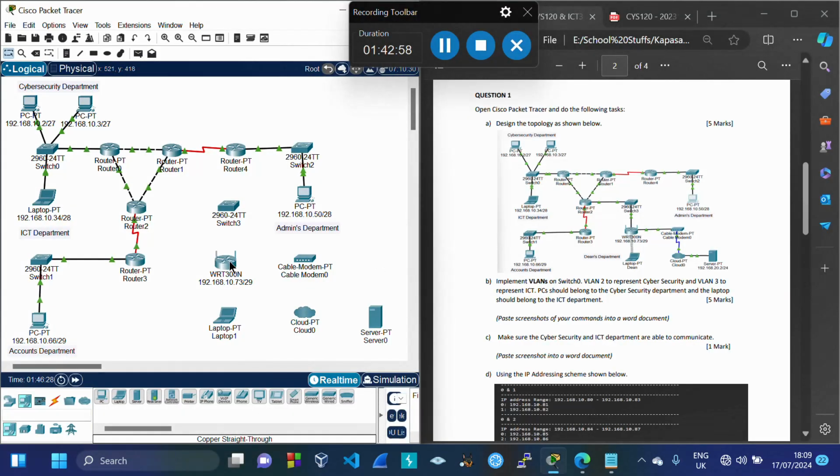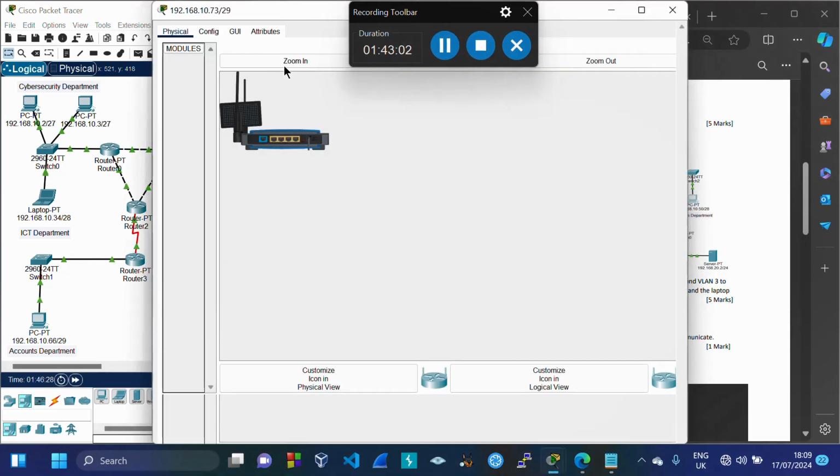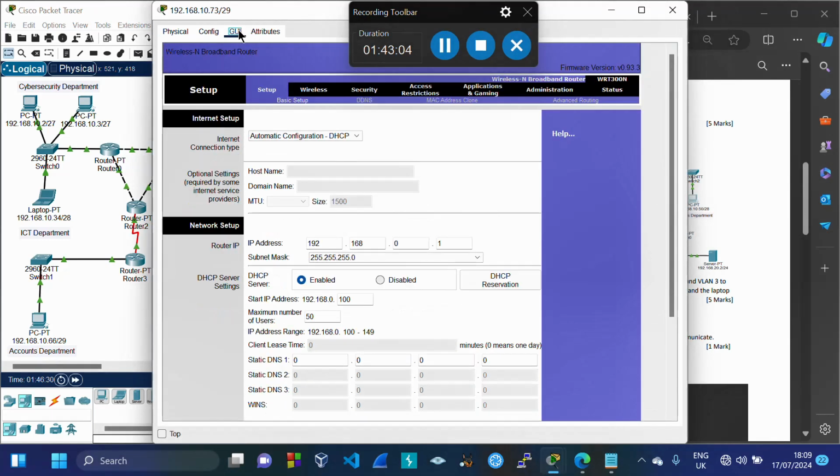So I'll click on this wireless router. Then after doing that, we'll go under the graphical user interface, GUI. Then I'll put .10 here, then .73 because that's the default gateway we are given. I'll select the mask to be 248 based on our subnetting. Then since we've already started at 73, we can put our start at 74.